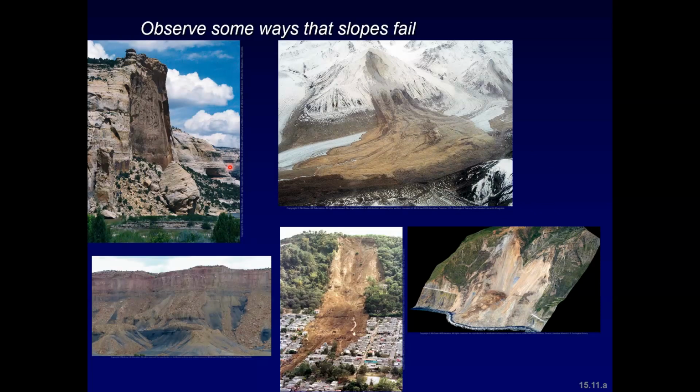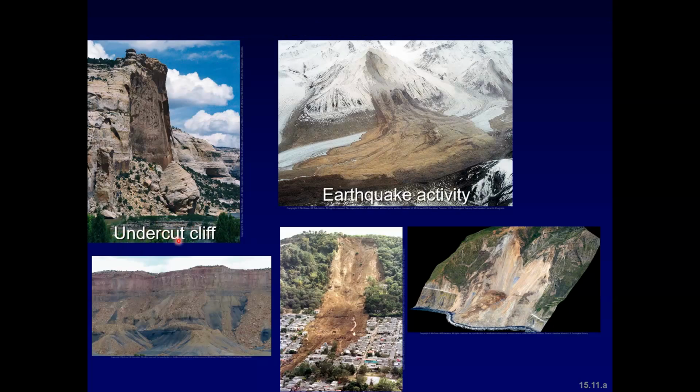So we'll look at some ways that slopes can fail. This is an undercut cliff. There's water at the base, and we see slope failure in Utah. Earthquake activity triggered this slope failure. The slope is just simply too steep, so it failed.